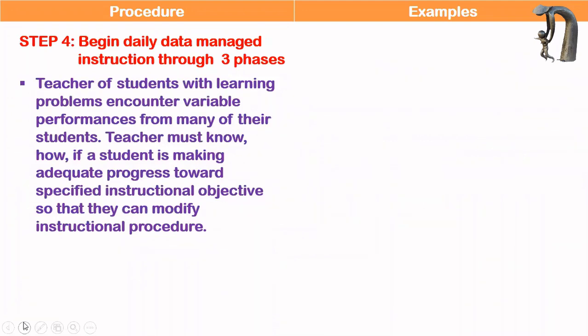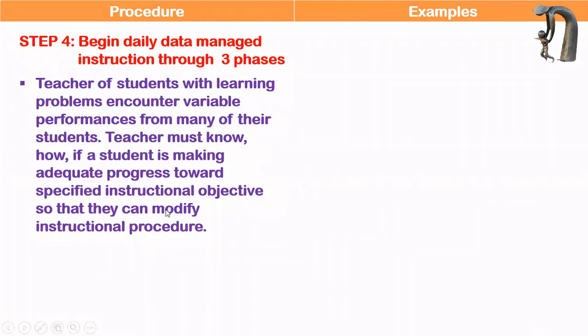Okay, 100%, as a teacher, you have seen a number of problems with learning disability, learning problem or learning difficulty. The teacher must know if a student is making adequate progress toward the specific instruction you have selected, and further you need to modify it.